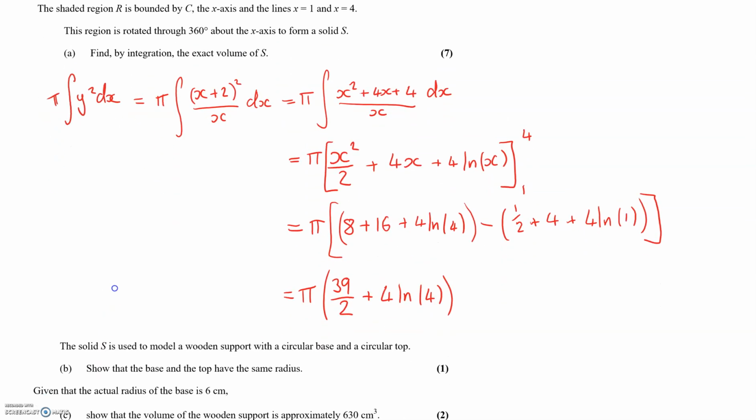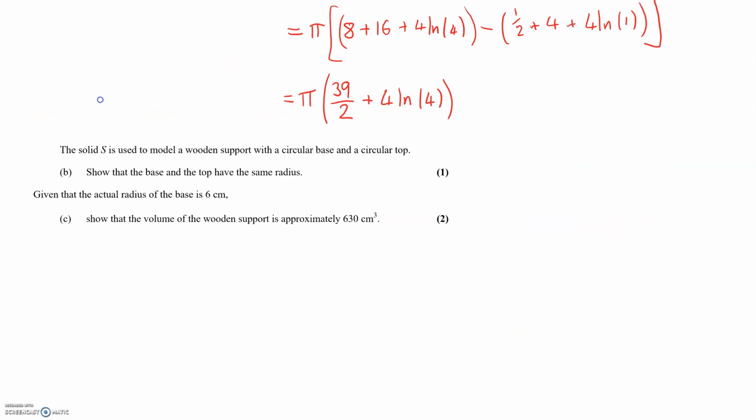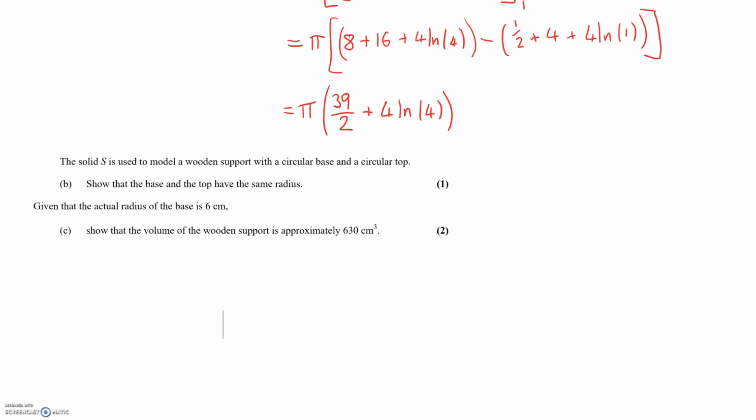Moving on then to parts B and C, 2 quick questions at the end. We are told that the circular base at the top and the bottom exist, and we need to show that they have the same radius. The radius of the circles of revolved solids are equal to the y values on the original function. So in order to do this, we just need to demonstrate that the function has the same value when x is equal to 1 and when x is equal to 4.